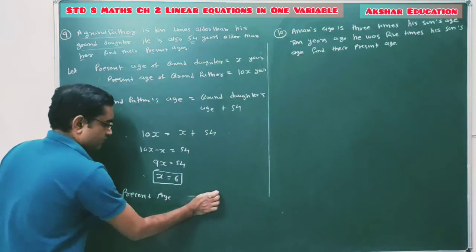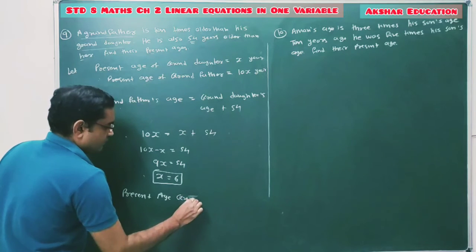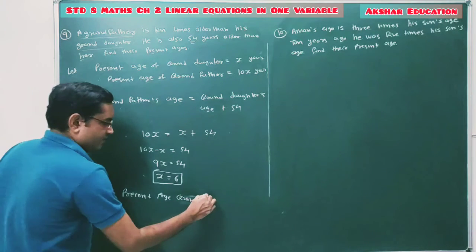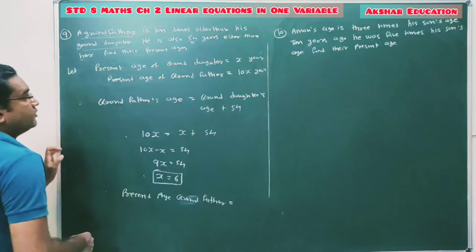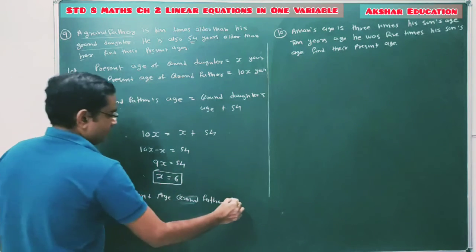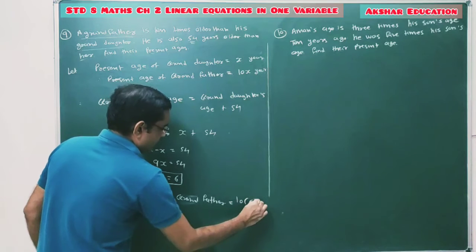GF थोड़ा grandfather. Present age of grandfather, पूरा लिखना है. So present age of grandfather is 10x, 10 into 6, 60 years.